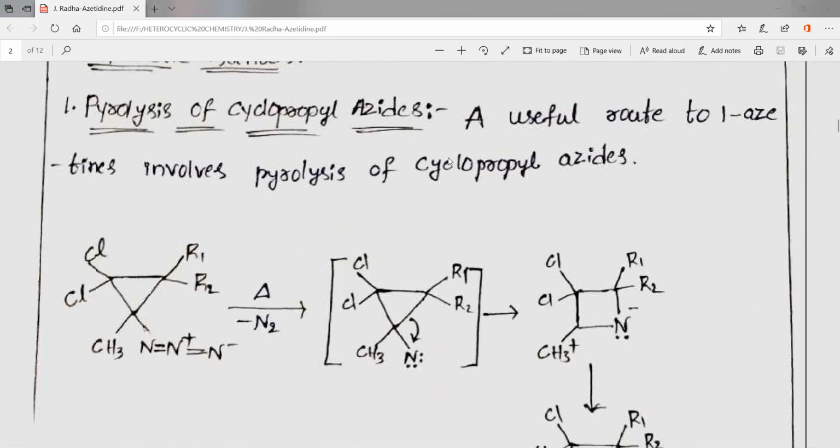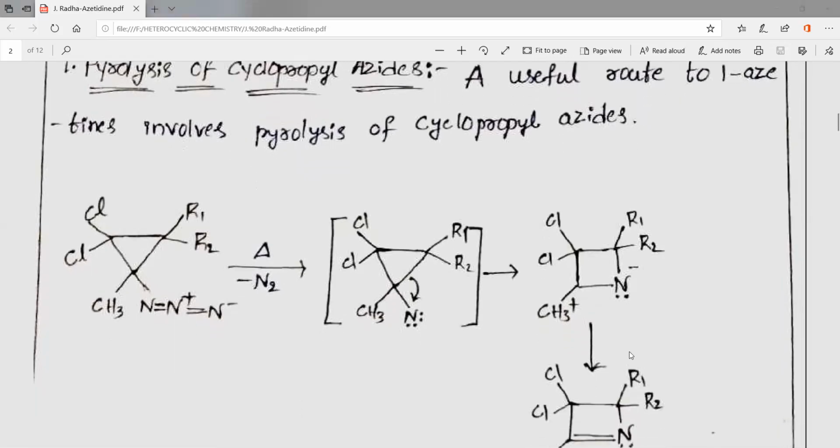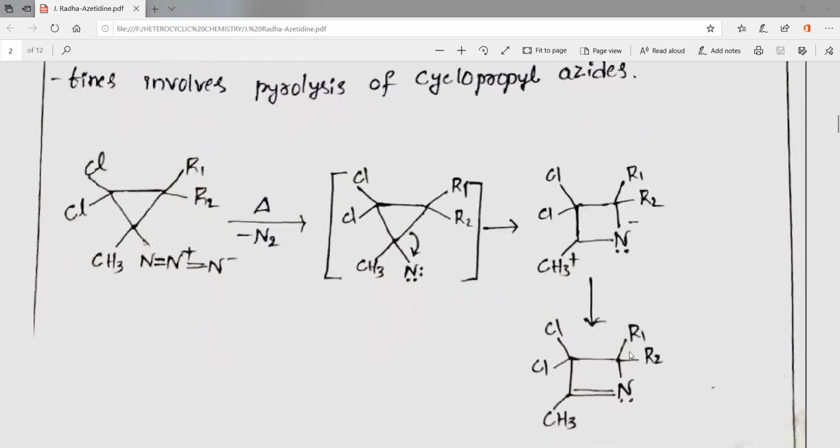A useful route to 1-azetines involves pyrolysis of cyclopropyl azides. Pyrolysis of cyclopropyl azides gives an intermediate, which rearranges to a four-membered ring system and then stabilizes to form azetine. 1-azetine is formed.